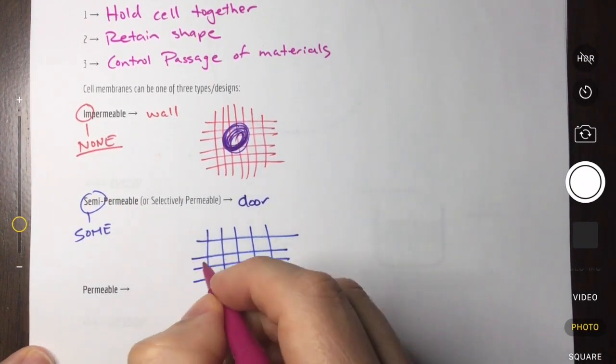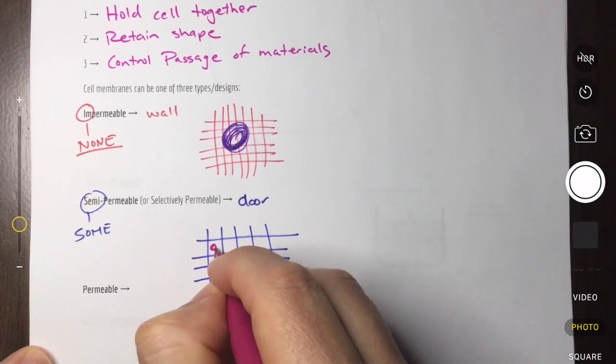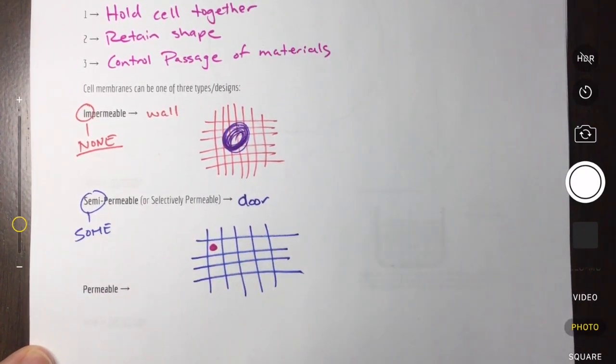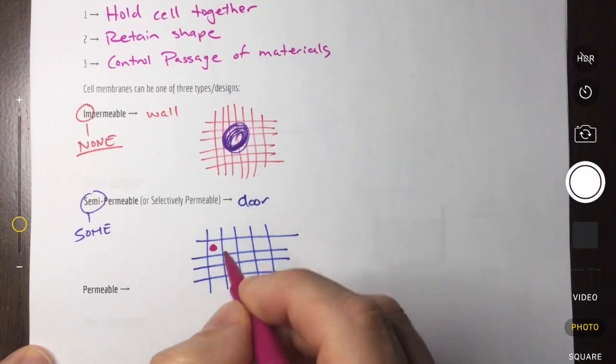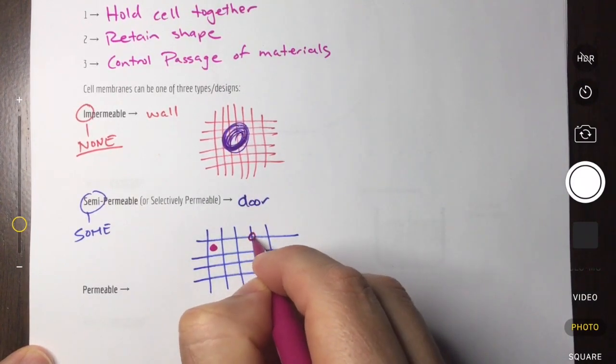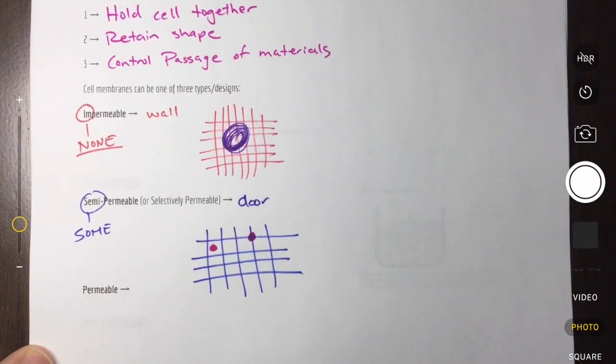So if, for example, I had something that was this size and shape, obviously it can fit through that small space. If that same item were to land over here, obviously it's going to get caught up on that cell membrane and it's not going to be allowed through.